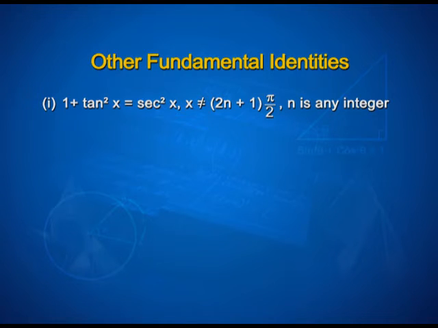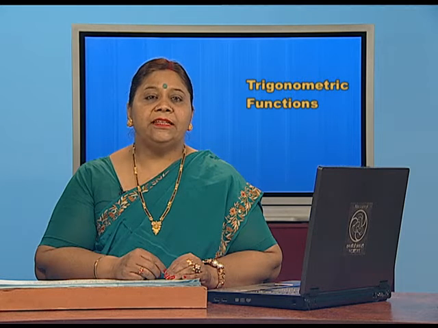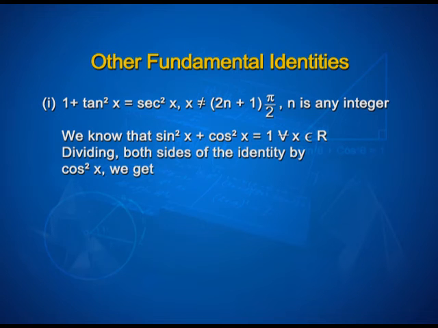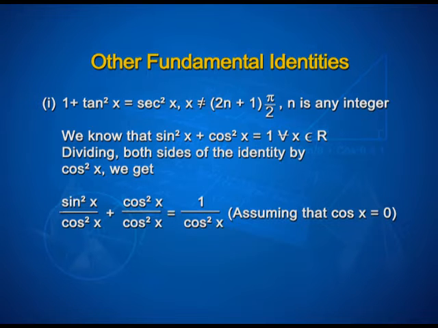We will derive this with the help of the previously known identity, that is sin square x plus cos square x is equal to 1 for every x belonging to R. This we will do by dividing both sides of the identity by cos square x. We get sin square x upon cos square x plus cos square x upon cos square x is equal to 1 upon cos square x, assuming that cos x is not equal to 0.